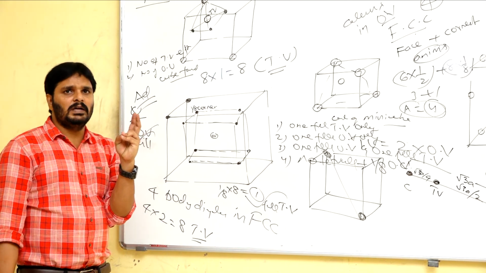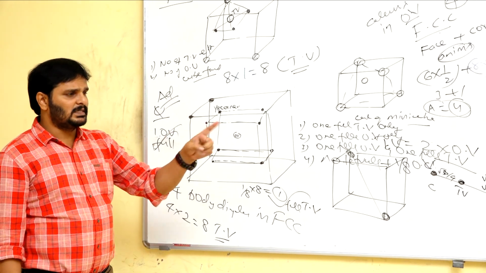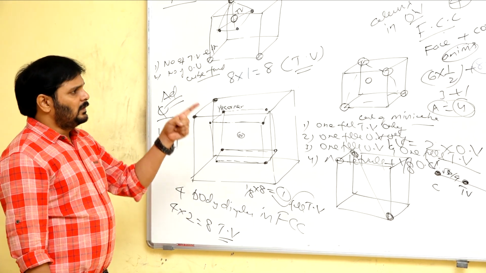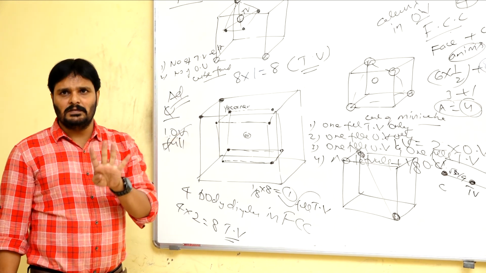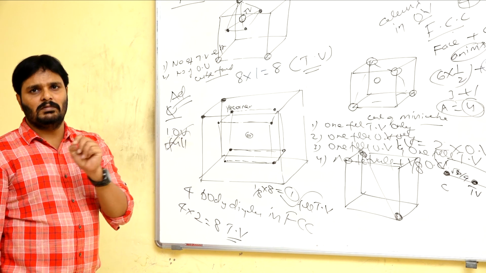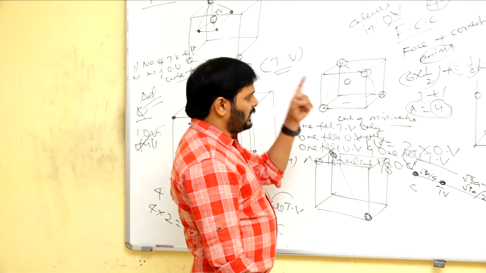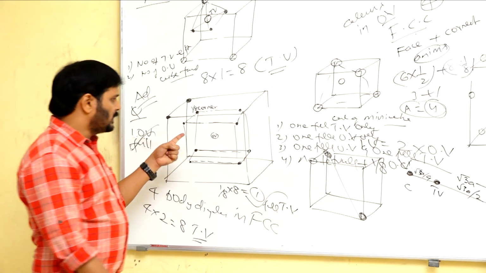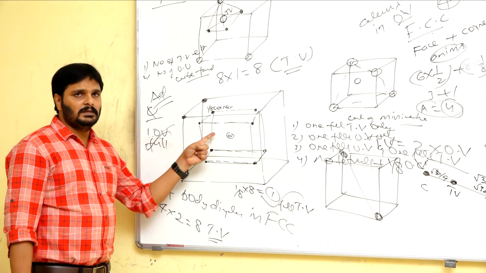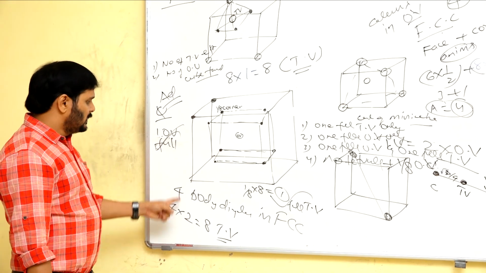Octahedral voids are 4: 3 edge centers and 1 body center. The number of effective atoms in FCC is 4, so the number of effective atoms is always equal to the number of octahedral voids. Similarly, tetrahedral voids: inside the cube you have 8 tetrahedral voids, double the number of octahedral voids.